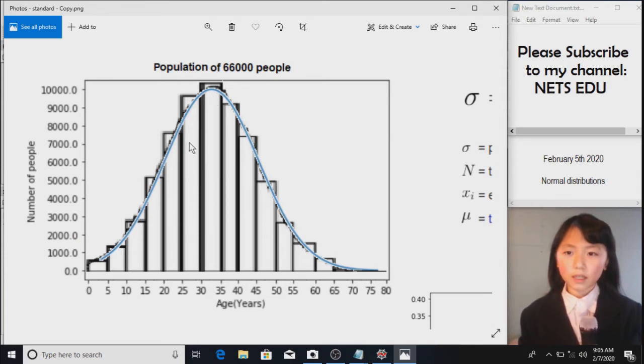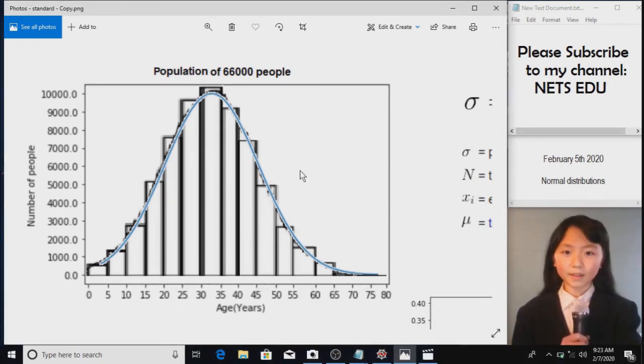So you can see here, the mode is somewhere between 30 and 35. And to find the median, you list all of the ages in order, from least to greatest. And from that list, you pick the number right in the center.